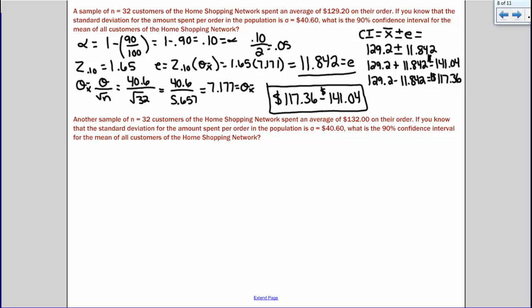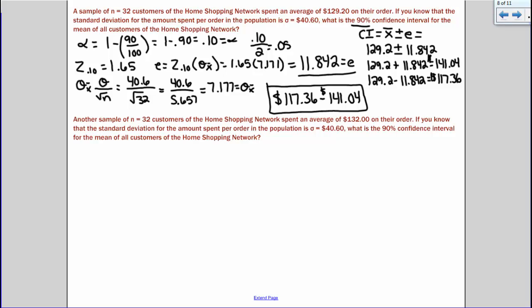We are 90% confident because our confidence interval is based on a 90% confidence level. So we're 90% confident that the true population mean of spending per home shopping network customer is between $117.36 and $141.04. All right, now let's do the next one.